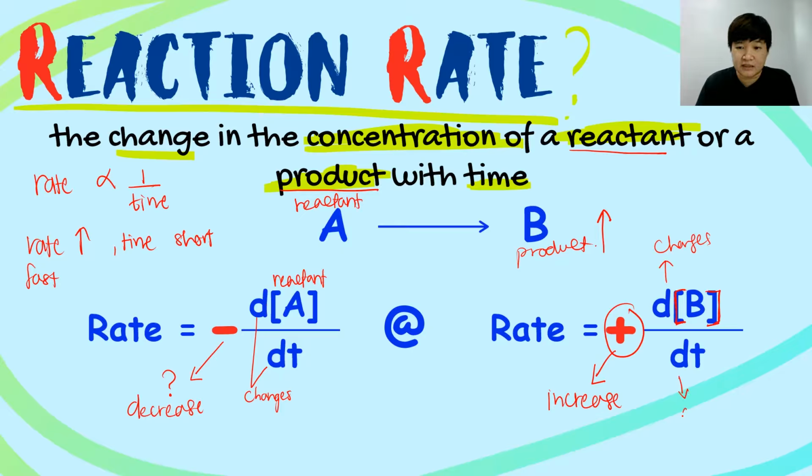The d represents change and the t represents time. That is the way we write the rate of reaction for reactant and for product. The positive or negative symbol must be written in your rate formula because it represents whether A or B is a reactant or product.